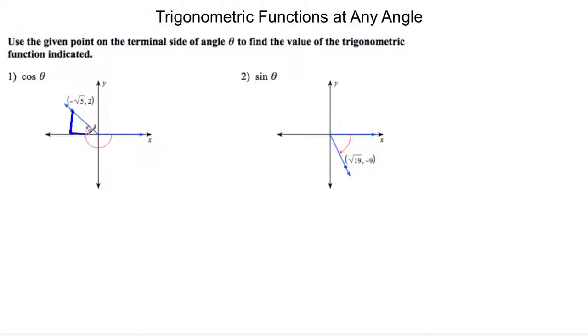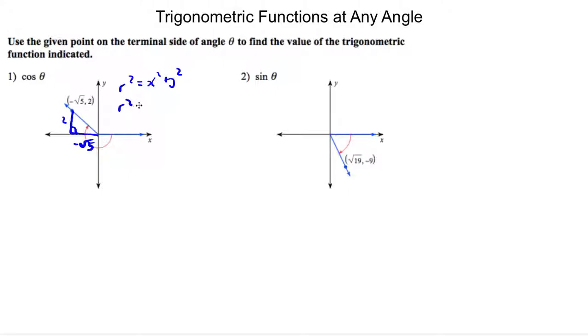So what we actually need to do is find the hypotenuse. Now the y value here is 2 and the x value is negative root 5. So in order to find the hypotenuse, we need to use the Pythagorean Theorem. So this is going to be r squared is equal to x squared plus y squared.